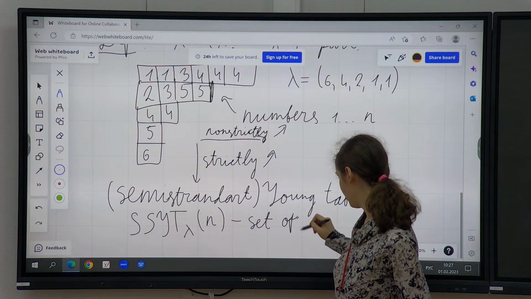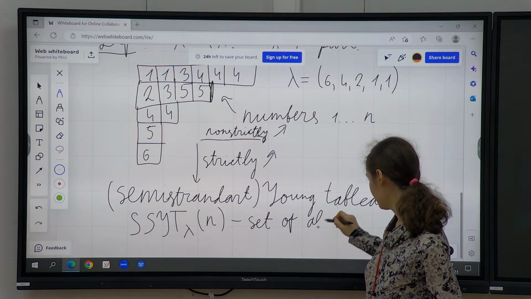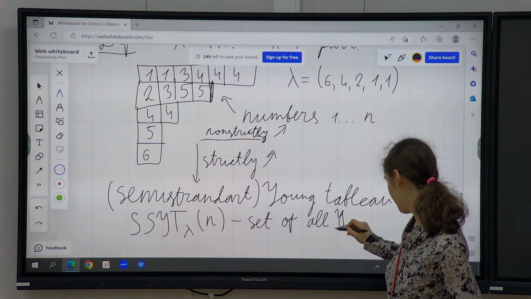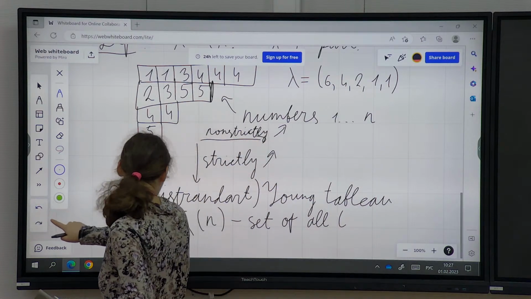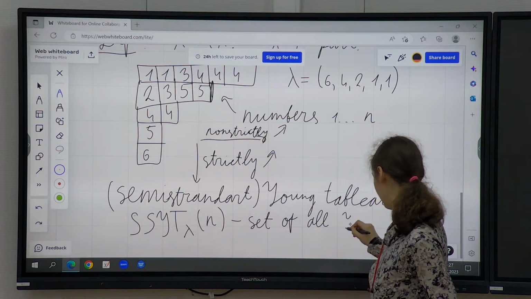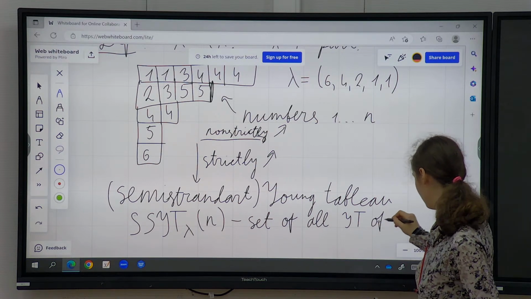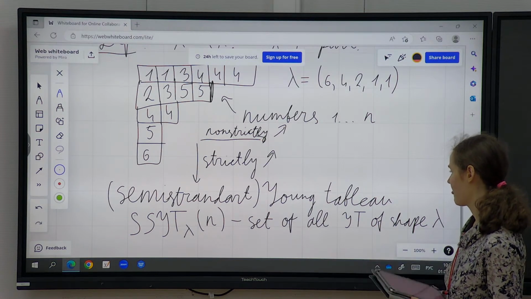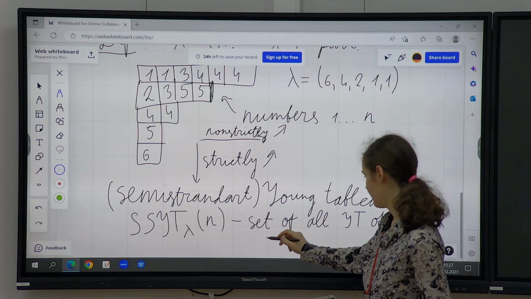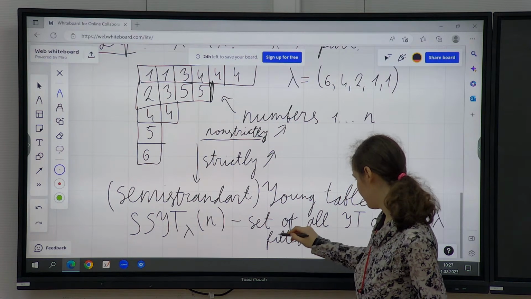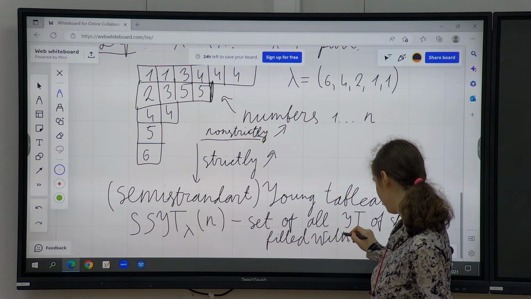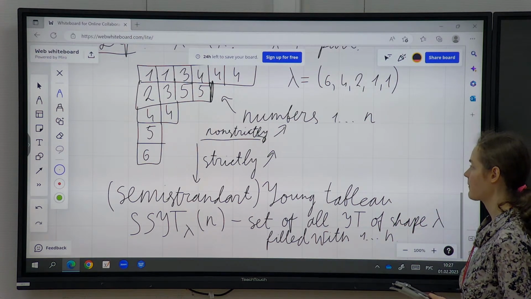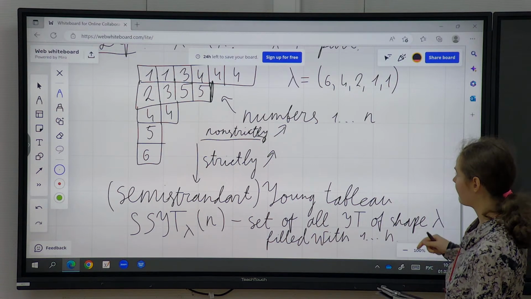Set of tableaux of shape lambda filled with numbers from 1 to n. Okay.